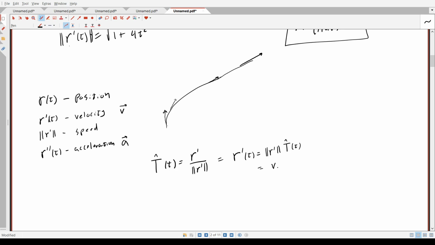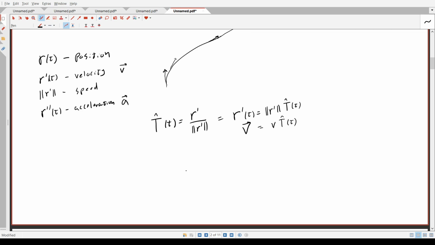I'm not going to put a vector over it because it's a scalar, speed times the unit tangent vector. And here this is the velocity vector. Okay, so now let's look at the acceleration. So the acceleration, that's the second derivative. That's the derivative of this with respect to t. So I'll have to use the product rule.